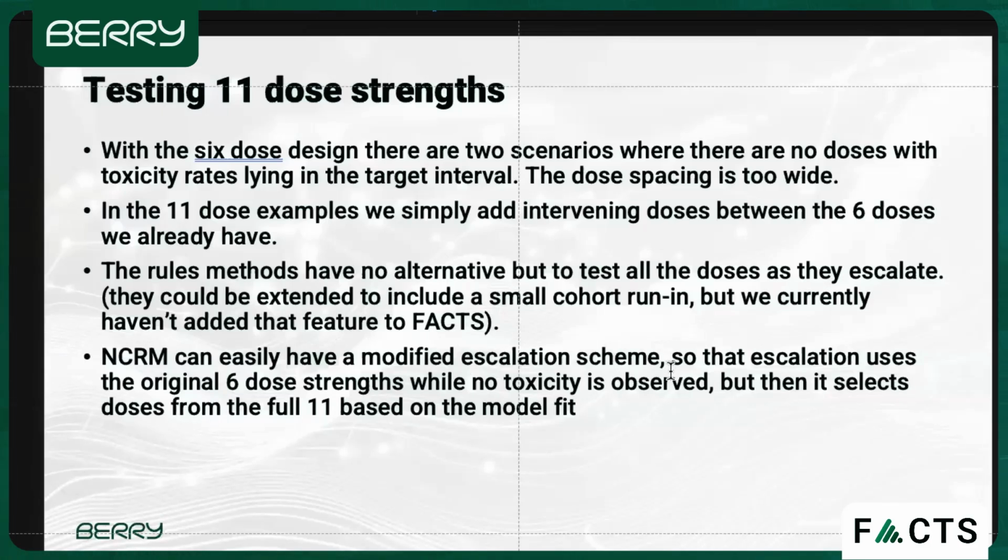It's going to continue to escalate using the 6 doses from the 6-dose regime and only use the interleaving doses when it wants to fall back or it sees some toxicity and it wants to be more cautious moving ahead. There is no scope in the other methods for doing that, and they're going to have to test each of the doses consecutively.